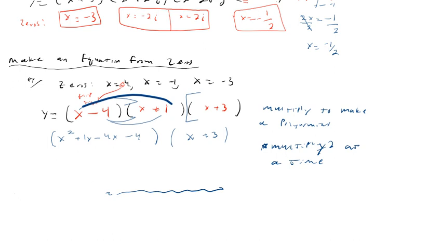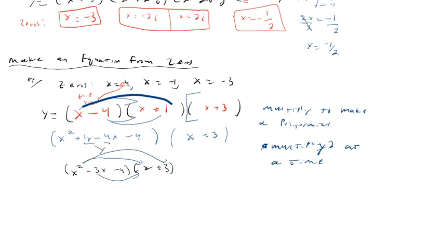So I'm going to get x squared minus 3x minus 4 times x plus 3. And again, now that I have these two, I'm going to multiply again. Distribute my x squared times x, x squared times 3, and then negative 3 times x, negative 3 times 3, and then the negative 4 times x, right? I'm going to multiply all the pieces together, distribute the whole thing.